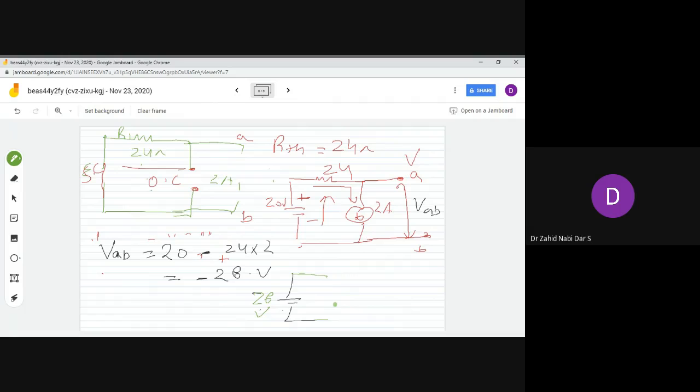So you can clearly write that your Thevenin circuit would be 28 volt and 24 ohm, and again you can replace your 16 ohm resistance. Now to calculate the current IL, IL is equal to 28 divided by 24 plus 16, that is 28 by 40, which is around 0.7 amps, and that direction is upward.